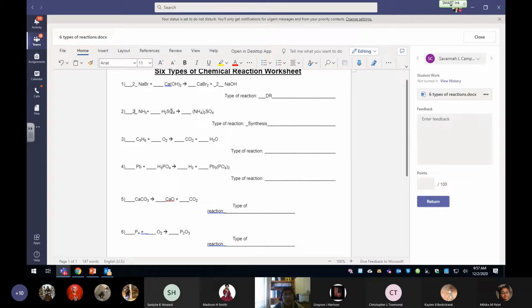And sulfate, I told you, the polyatomic, take it as together. So it is only 1 on the reactant side, and sulfate is 1 on the product side. So it is a balanced equation. So 2NH3 plus H2SO4 will give you (NH4)2SO4.